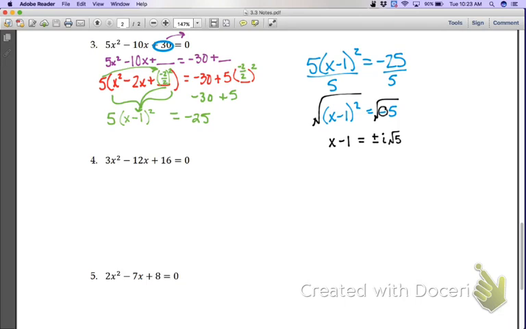All I did was take that negative and move it outside. That's why it became an i. Last thing I need to do, add the 1. So x is equal to 1 plus or minus i times the square root of 5.